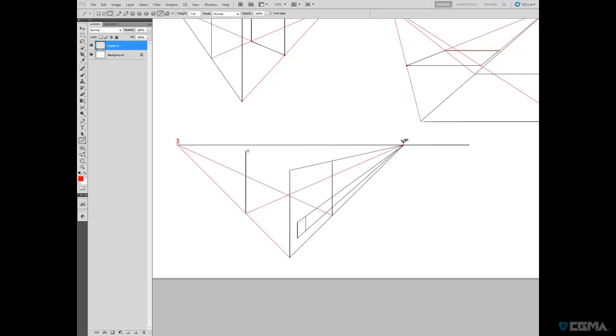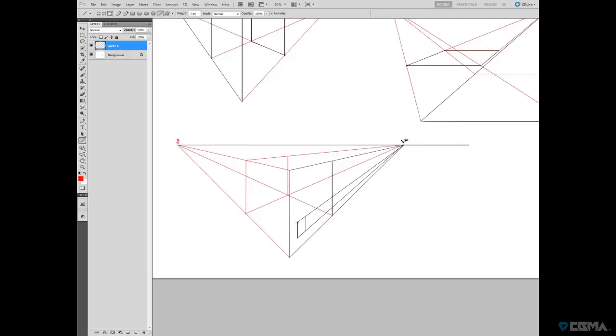Go ahead and draw some verticals. Or, if you want to draw perfect height, go ahead and draw it to the top point. Back to the vanishing point. Well, we found our plane, but how do we find this box over here?